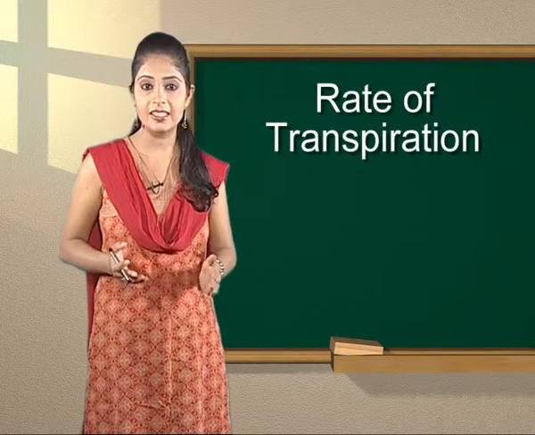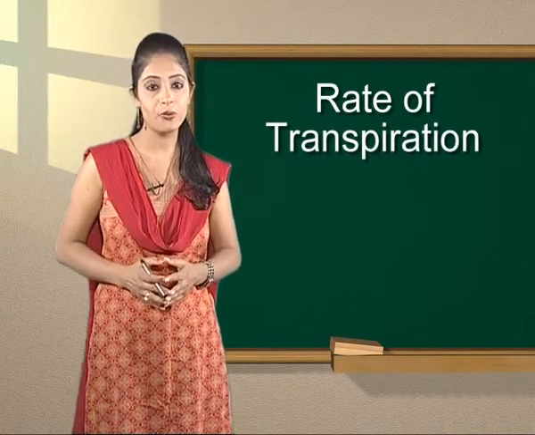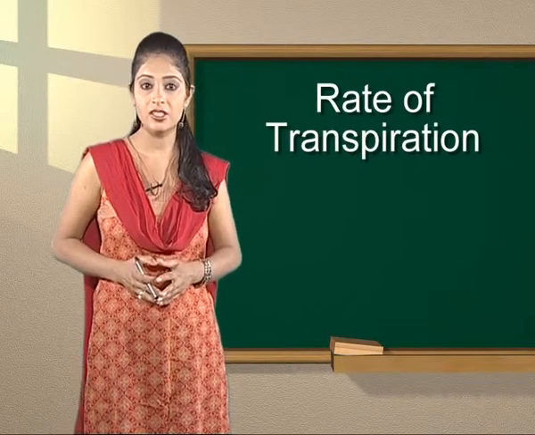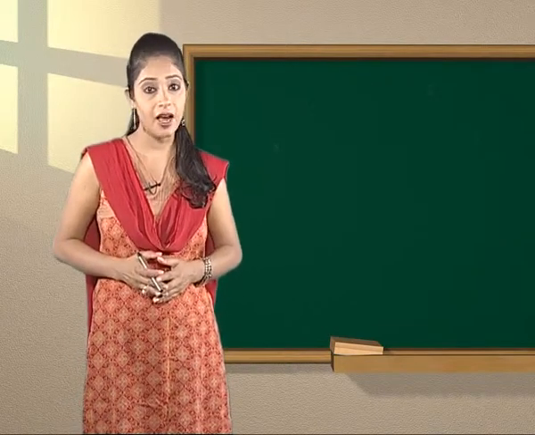Therefore, nature has its own way to check excess water loss from plants, but if it is not checked, the plant will wilt. Hope you have learned the aspects related to stomata and the major benefits of transpiration.